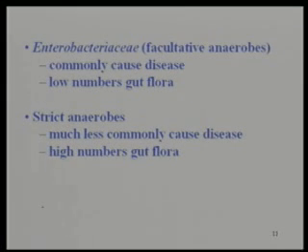A facultative anaerobe will grow very happily, and once it gets into a tissue, it's going to take off like wildfire. A strict anaerobe has got to be lucky, and there's got to be other organisms growing along with it that create the right opportunity. That's what we mean by opportunistic infection. There's got to be an opportunity. So even though these are present in low numbers, the Enterobacteriaceae do cause many of the diseases that we see in abdominal surgery.